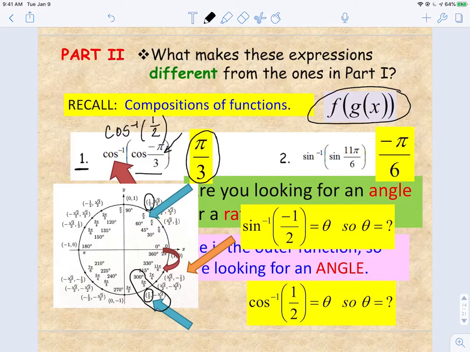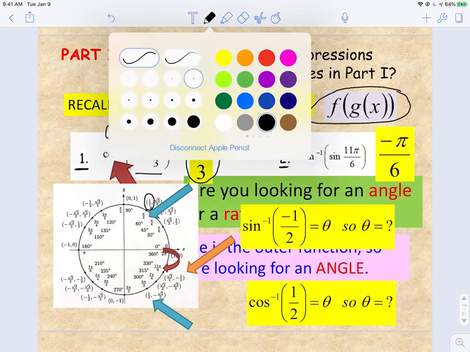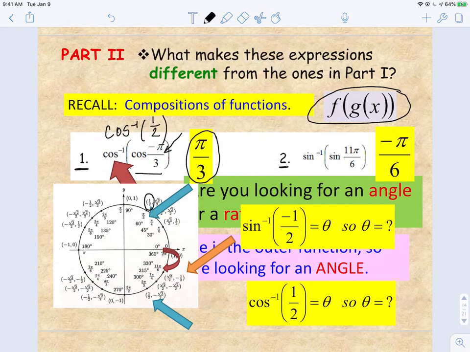Let's take a look at problem number 2. On the inside of the parentheses we have the sine of 11 pi over 6. So let's look for 11 pi over 6 on the unit circle, and we find it right here at 330 degrees.